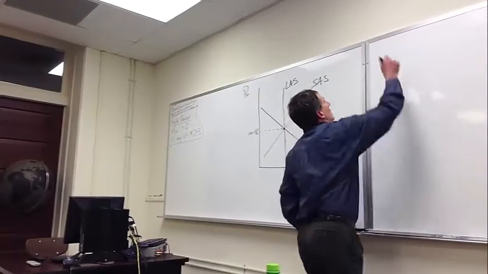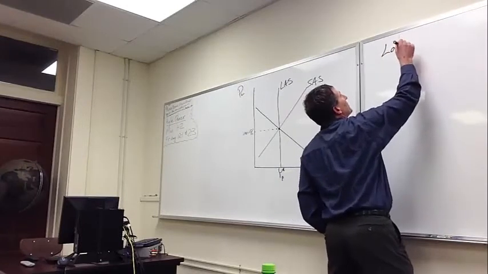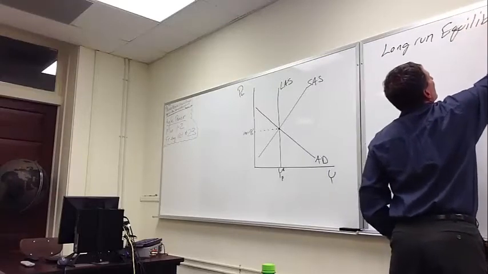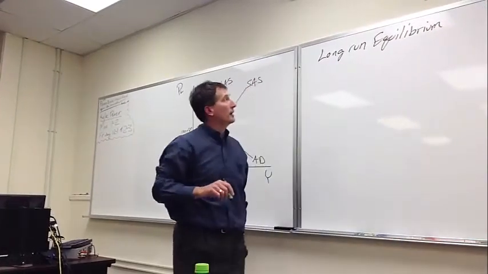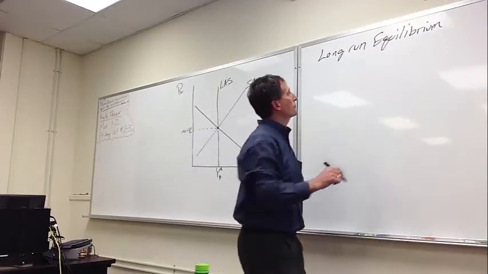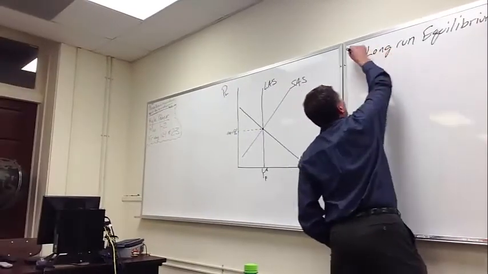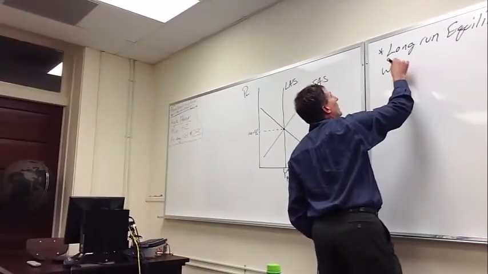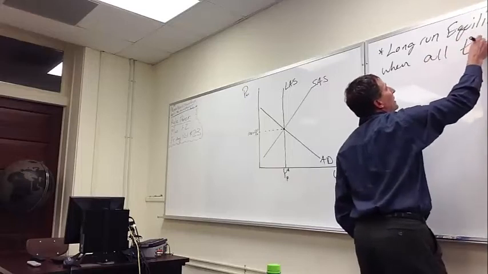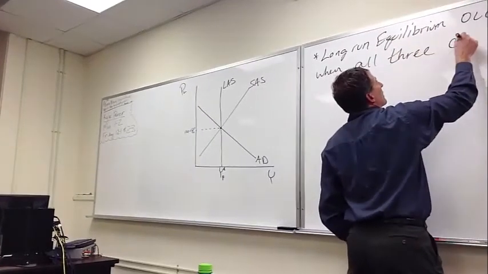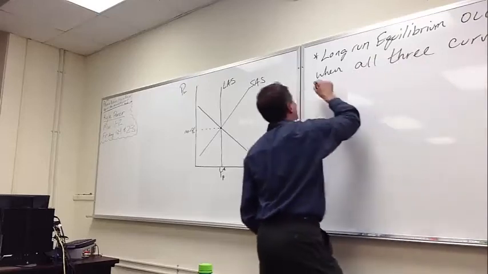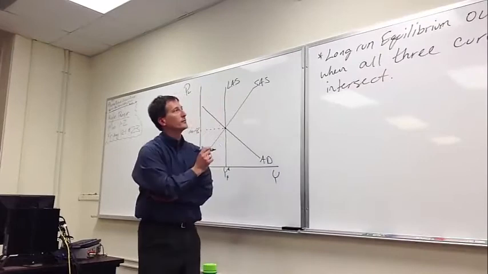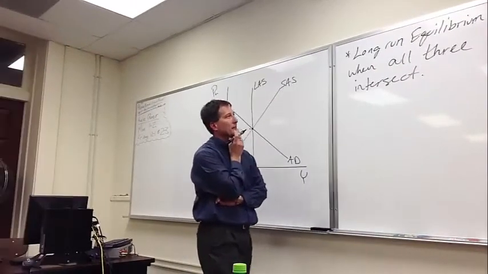So long run equilibrium in the macroeconomy occurs when all three curves intersect. So that's kind of a starting place.